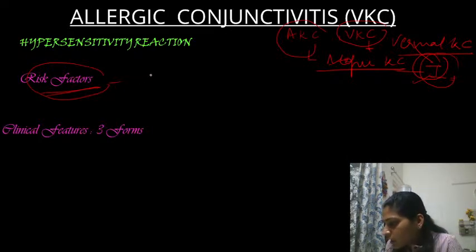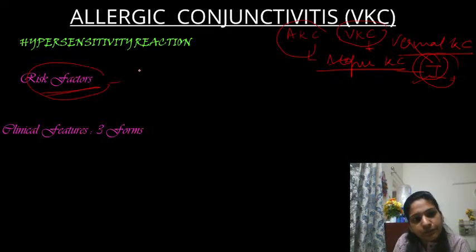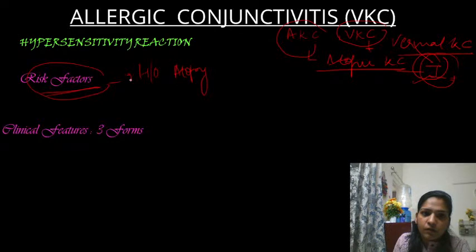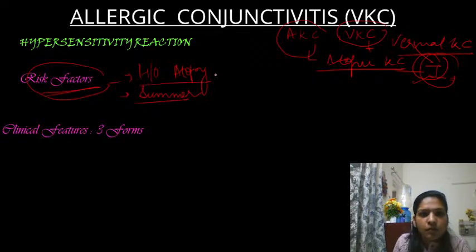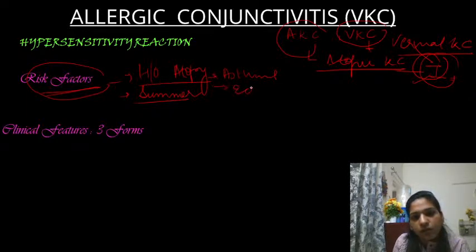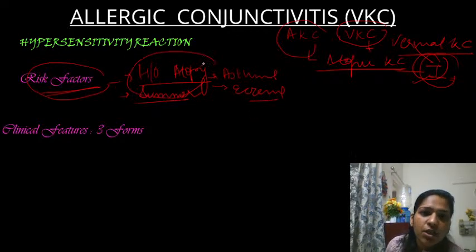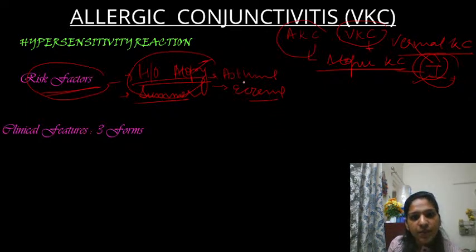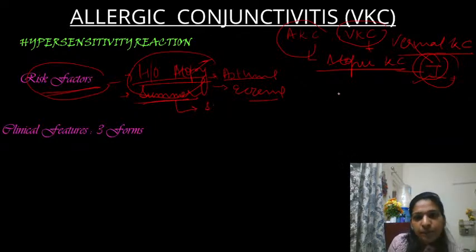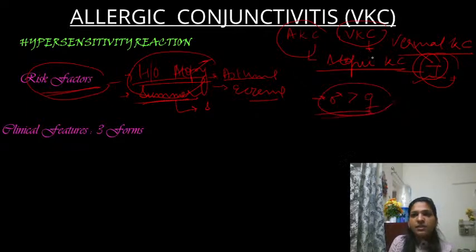What are the predisposing conditions the patient can have in VKC? Okay, don't know. So risk factors, mainly patient can have a history of atopy, and it mainly occurs in summer seasons. Males are more predisposed than females.